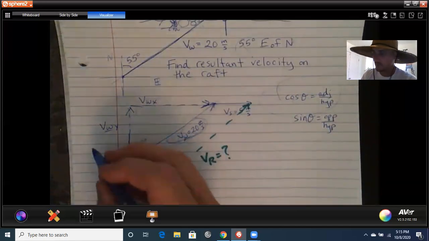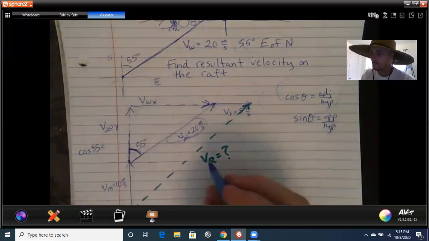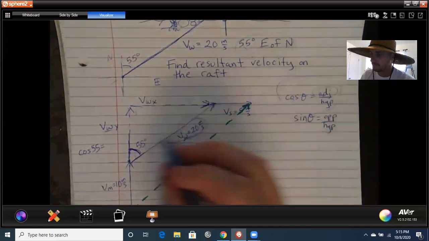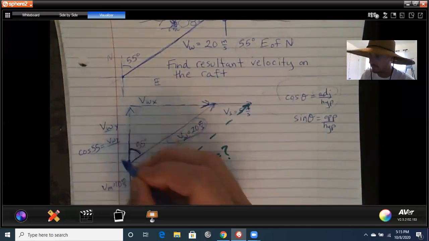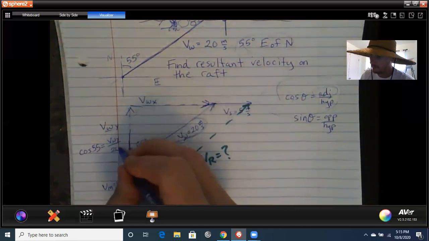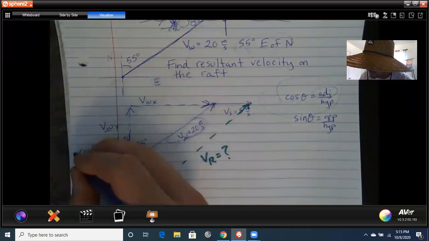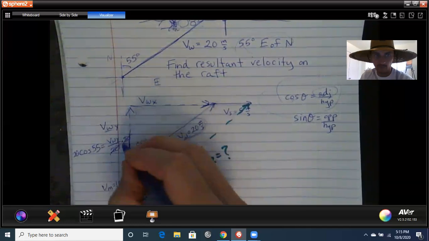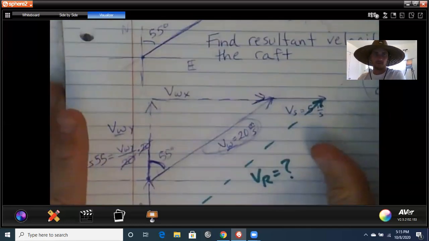Cosine 55 equals adjacent, which by the way is VWY, divided by the hypotenuse of 20, right? And I'd multiply both sides by 20. Boom, boom.